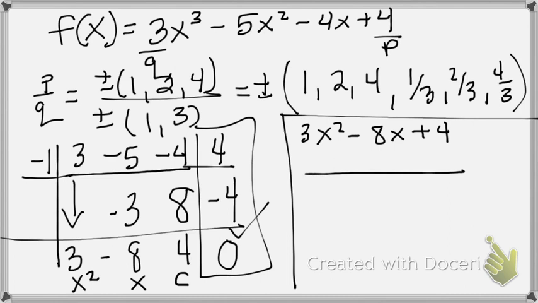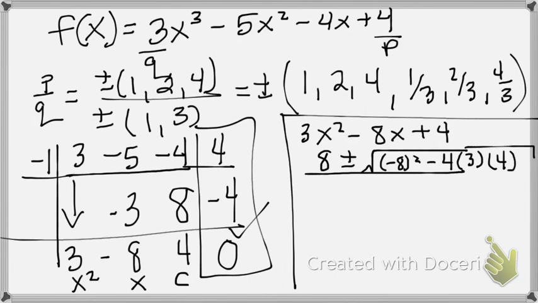-8 is my b, and you have to flip the sign because it's -b, plus or minus the square root of b squared, -8 squared, minus 4 times 3 times 4, that's 4ac, all over 2 times 3.